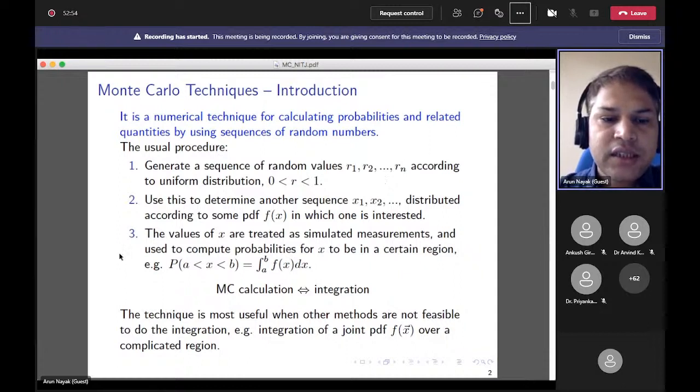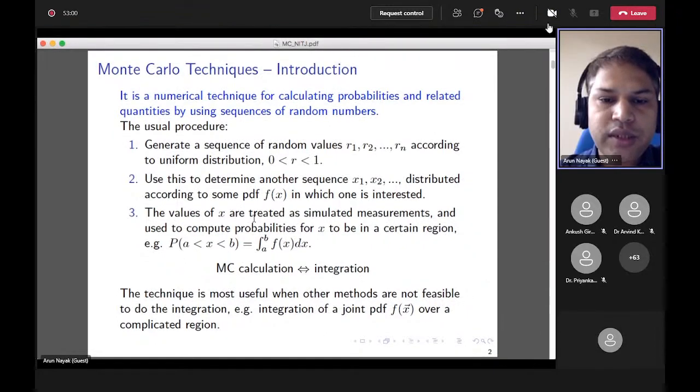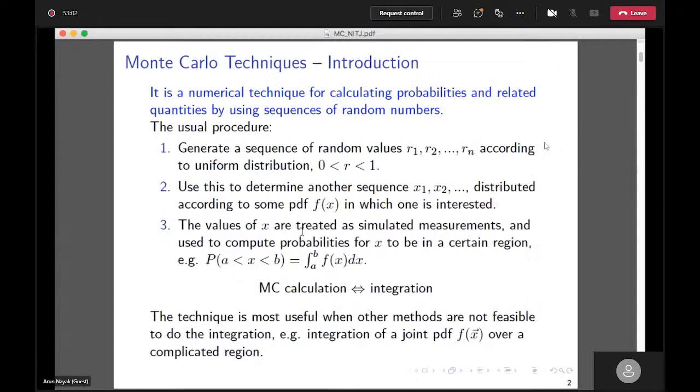And then these values of x, you can treat as simulated measurements, equivalent to what you expect from a given experiment, for example. Then you can use them to compute the probabilities for x to be in a certain region.